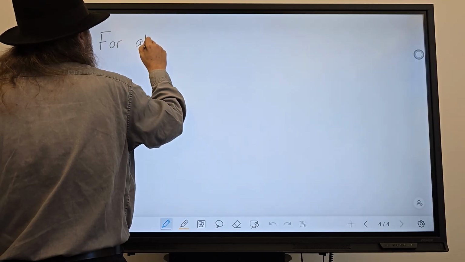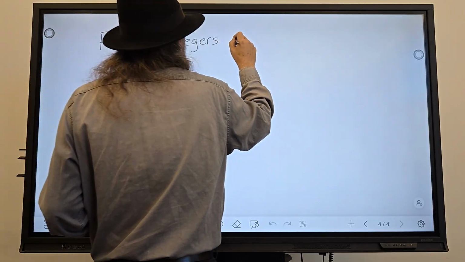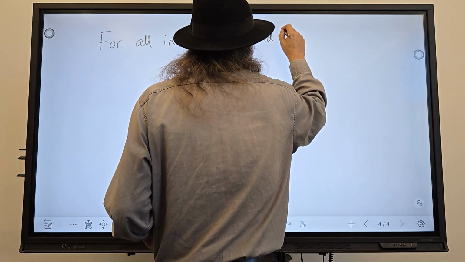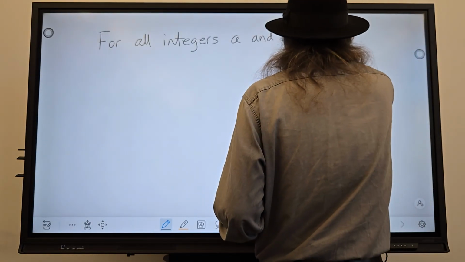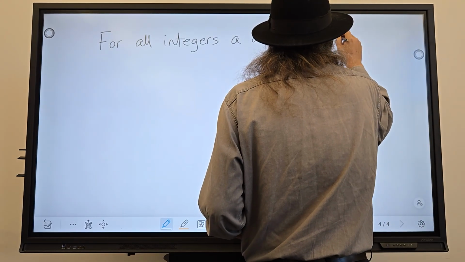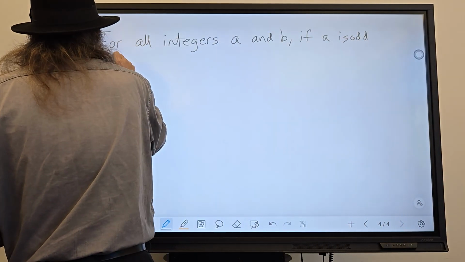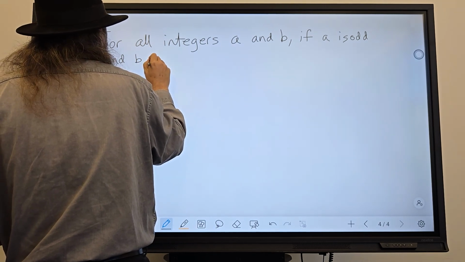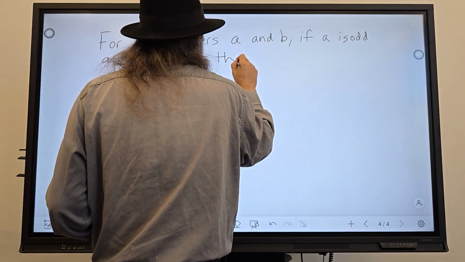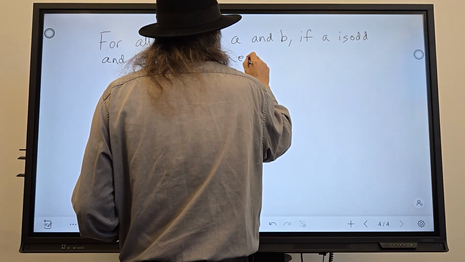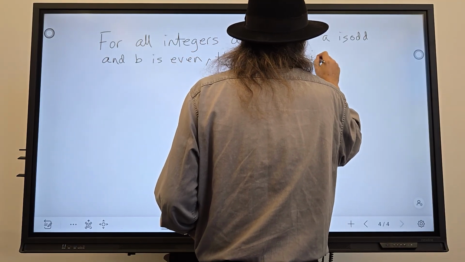For all integers a and b, if a is odd and b is even, then a minus b is odd.